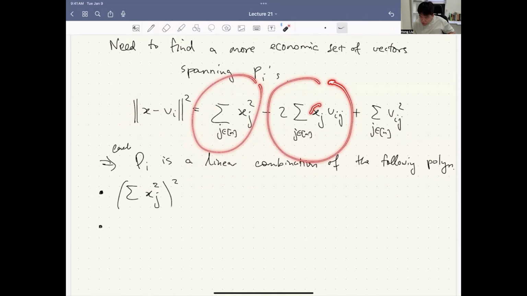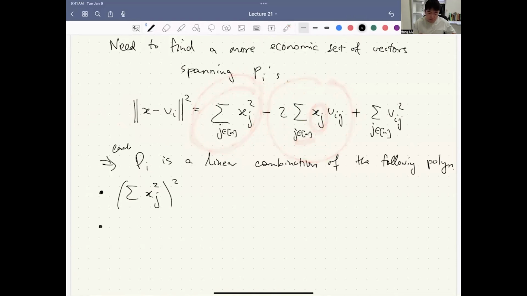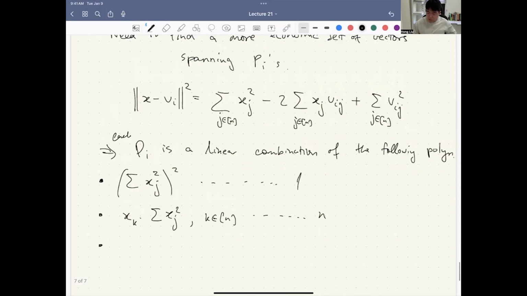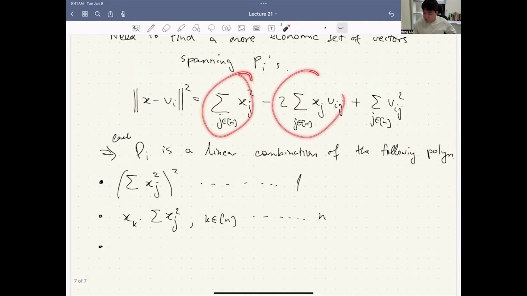You just need to take this times this, ranging over all n. So there's only one of them. This is x_k times the sum of x_j squared, where k is in n. So there are n of them. All right, this times this is done.